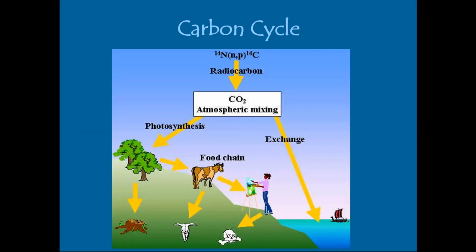the atmosphere. After it's mixed in the atmosphere, it's picked up by plants that breathe carbon dioxide, and then the food chain is based on that. So animals eat the plants and die. The plants also die. The animals are eaten by humans who also die, and so on.